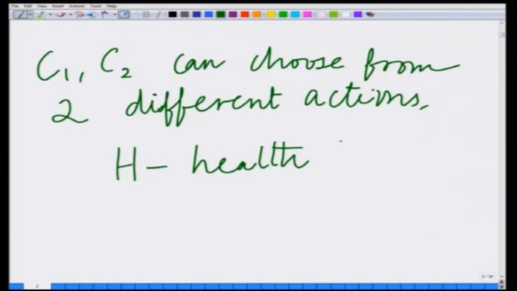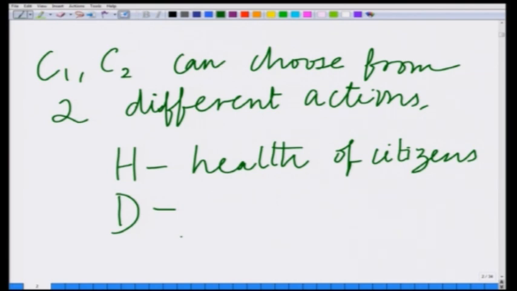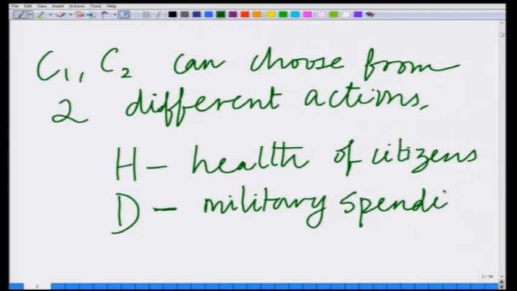For instance, C1 and C2 can choose to focus on improving the health of their citizens, or they can choose to invest in defense, that is, to improve their defense preparedness, and therefore they can get a strategic advantage. So, they can invest in defense or basically military spending. Both these countries have a choice between health and military spending.